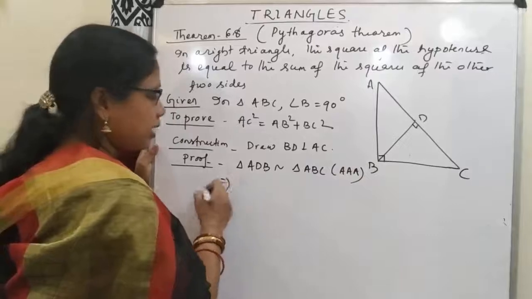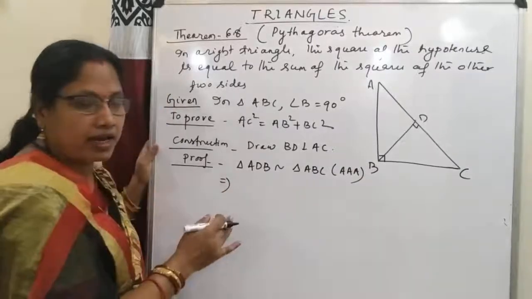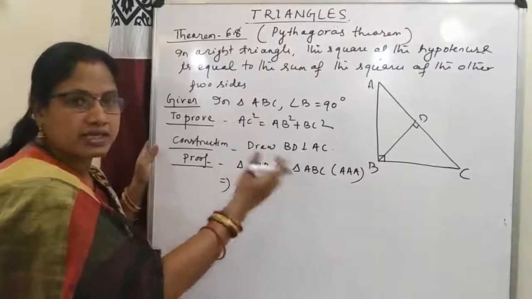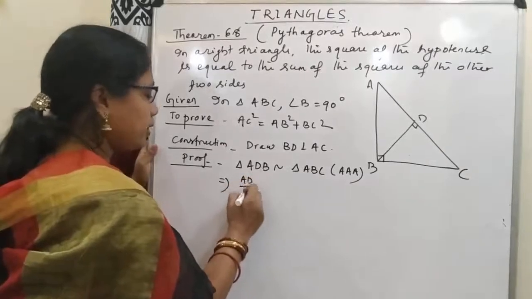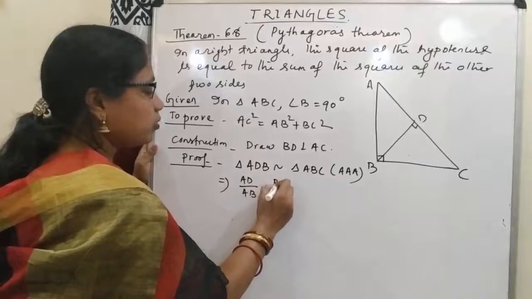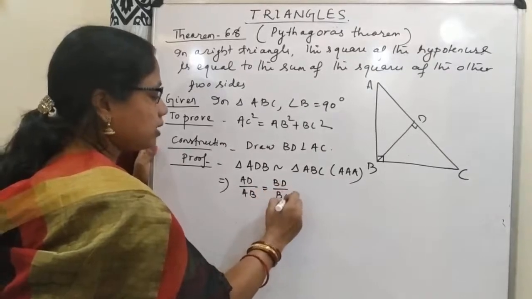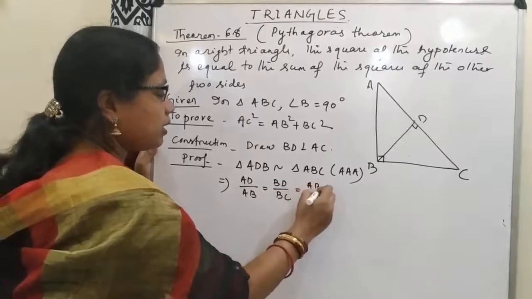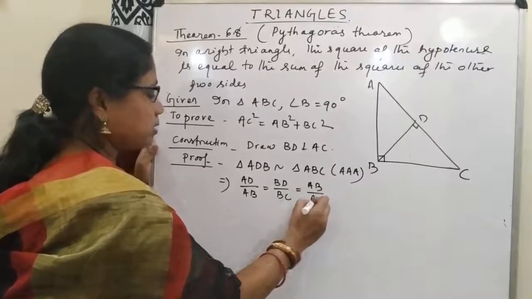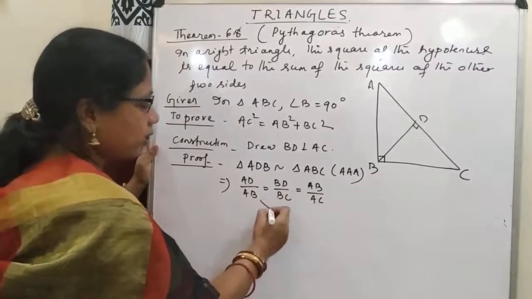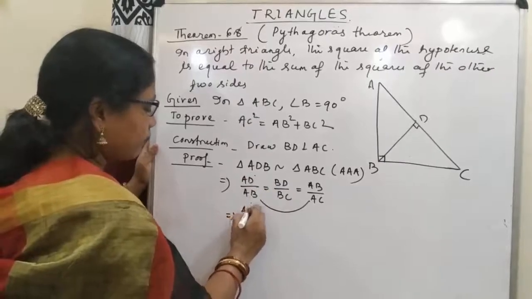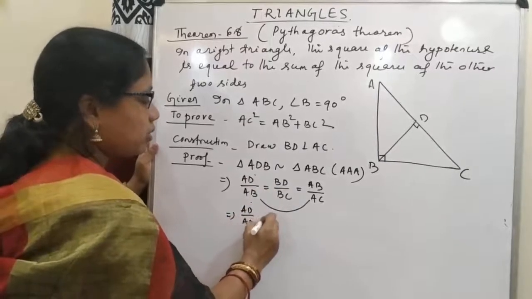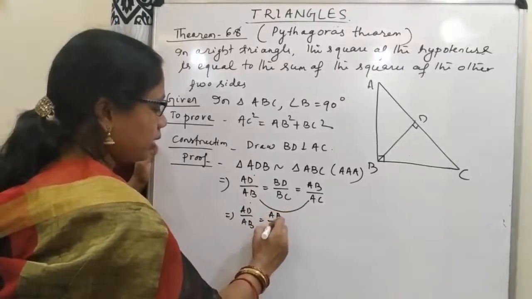So this implies that if two triangles are similar, then the proportion of their sides are equal. So AD by AB is equal to BD by BC is equal to AB by AC. We have to take these two ratios: AD by AB is equal to AB by AC.